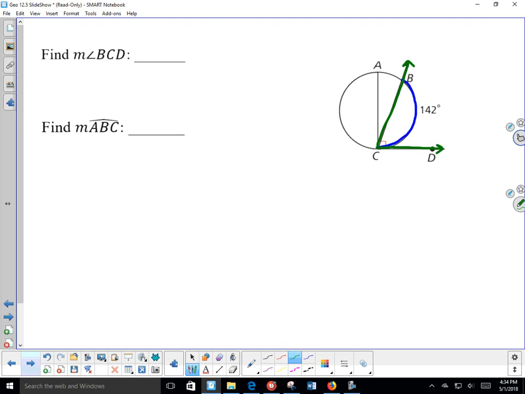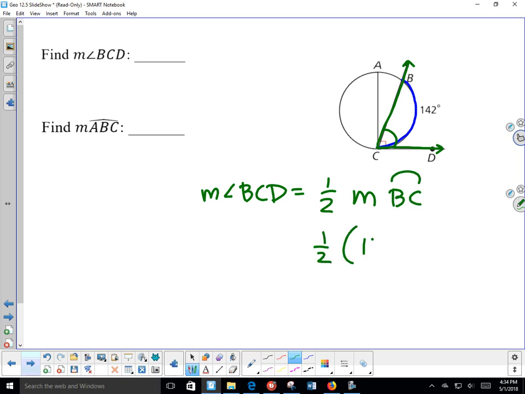So that means that the measure of angle BCD is going to be half the measure of arc BC. So if we know that the measure of arc BC is 142, then the measure of angle BCD is going to be half of that, 71 degrees.